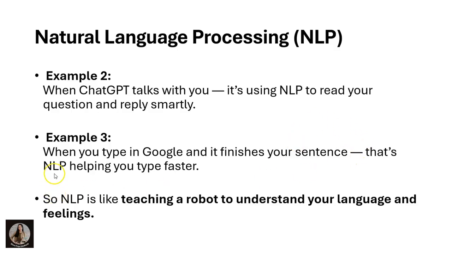That is also natural language processing, helping you type faster. Clear? That is where we use natural language processing in daily life. So natural language processing is like teaching a robot to understand your language and feelings. This is how natural language processing works.